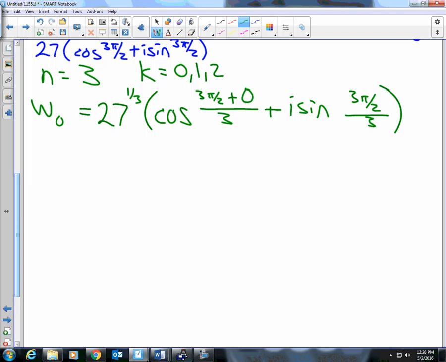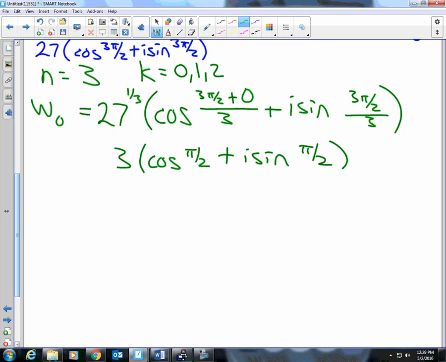What is 27 to the 1/3? 3 times the cosine of, what is 3 pi over 2 divided by 3? Pi over 2. So if you didn't see that, 3 pi over 2 times 1/3, the 3's would cancel, leaving us with pi over 2. Plus i sine of pi over 2.